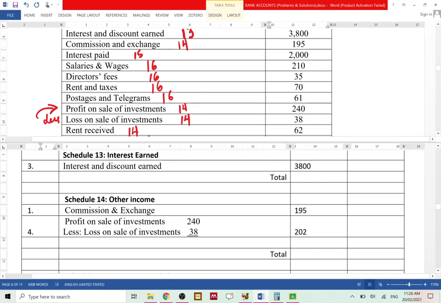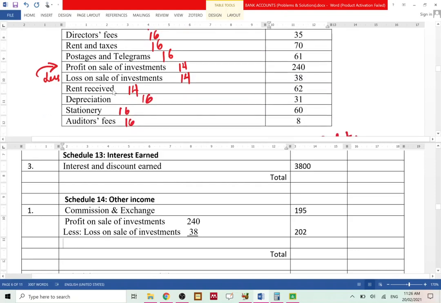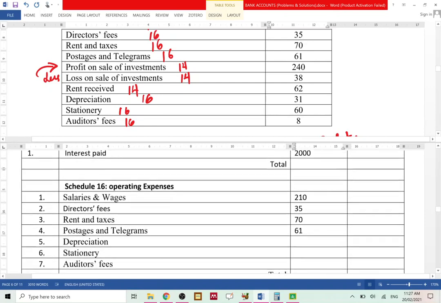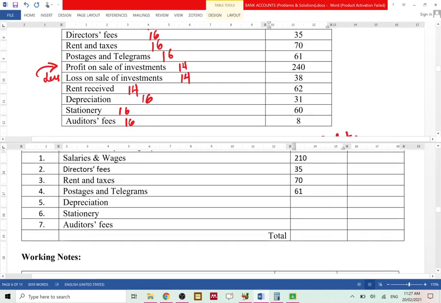Now what else do we have here? Rent received, the next item, which also comes here under other incomes. So rent received amount is 62, right? Next is depreciation, stationery, auditor fees. Again over here, depreciation amount is 31, stationery is 60 and auditor's fees is 8.